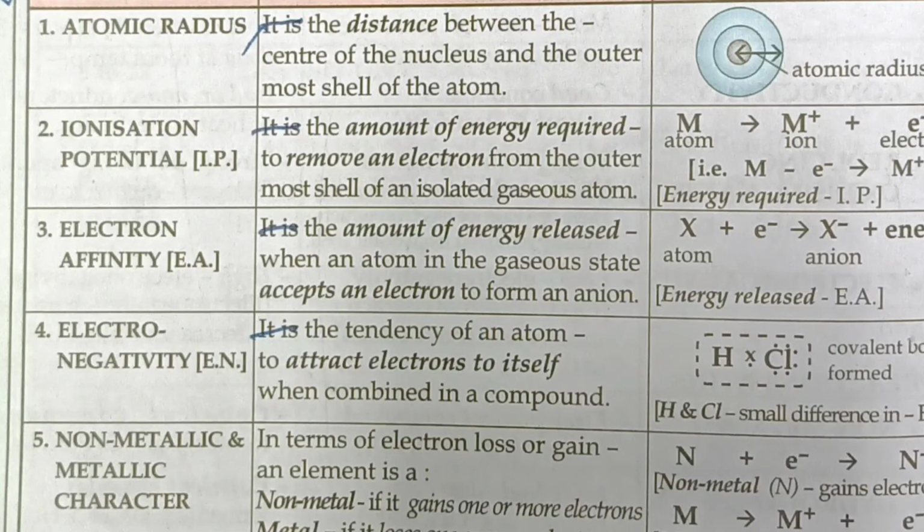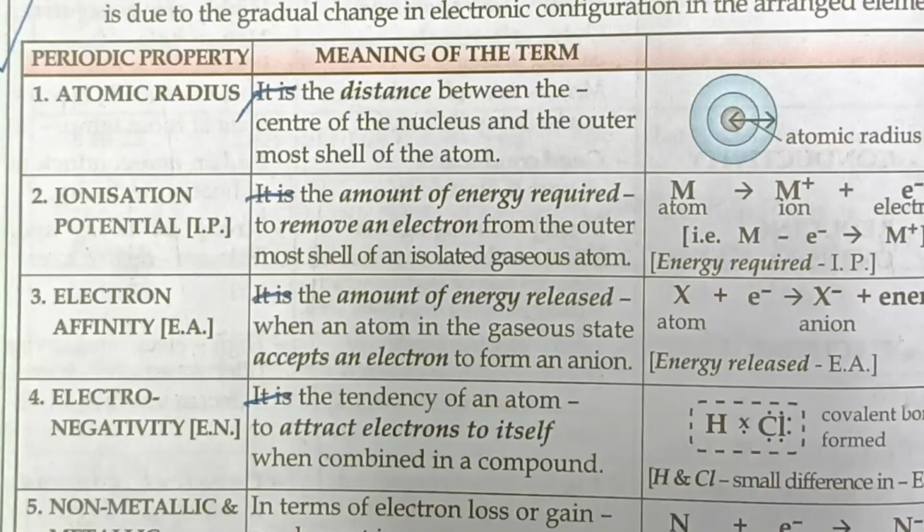It is the amount of energy required to remove an electron from the outermost shell of an isolated gaseous atom. An example is given: M gives M plus plus an electron.